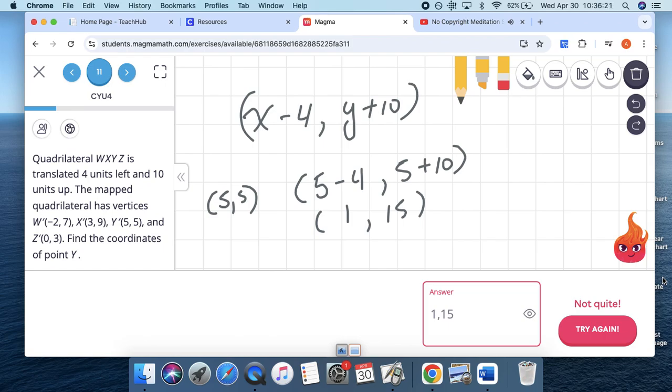Four units to the left, 10 units up. You're on 5 and 5. Okay, I'm going to ask someone else to see what I'm doing wrong, but there's nothing wrong. Find the coordinates of point Y.